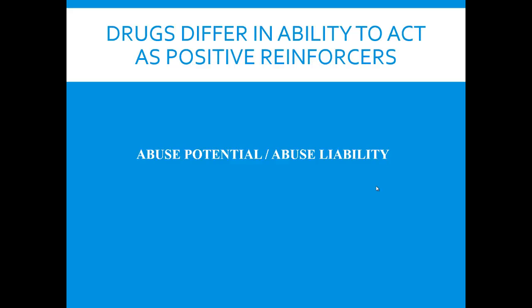Some drugs may be more powerful reinforcers than others. So if you're comparing two drugs, the one that provides the greater reinforcing effects is said to have the greater abuse potential or the greater abuse liability. An individual is more likely to abuse a drug that has a really high reinforcing ability.